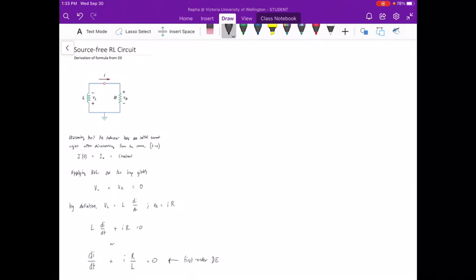Rearranging the terms a little bit, we have di over dt is equal to negative I R over L, and then moving I to the other side of the equation, we have di over I is equal to negative R over L dt. This is now ready for integration.